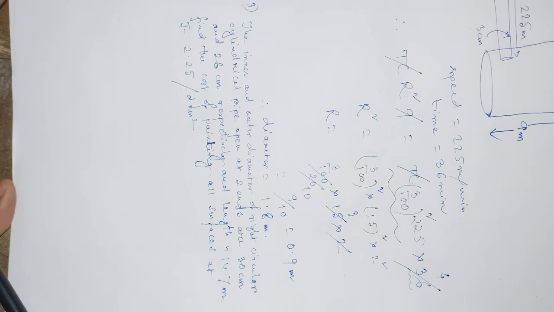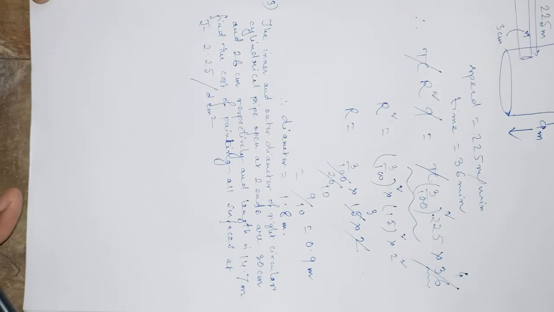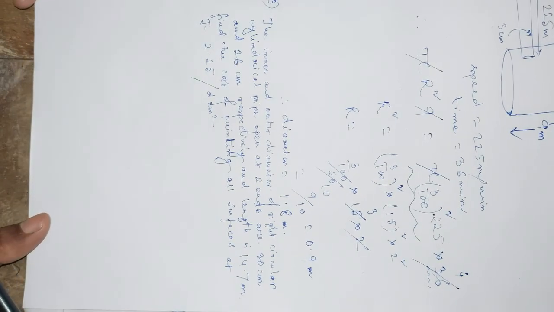So this is our question, which says the inner and outer diameter of a right circular cylindrical pipe open at two ends are 30 centimeter and 26 centimeter respectively, and length is 14.7 meter. Find the cost of painting all surfaces at rupees 2.25 per decimeter square.